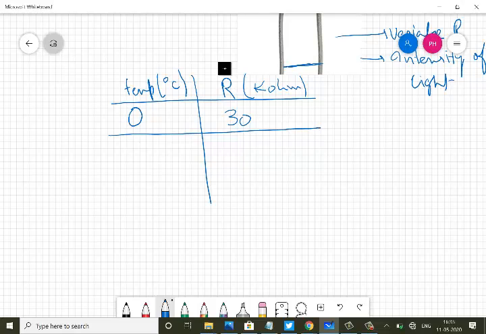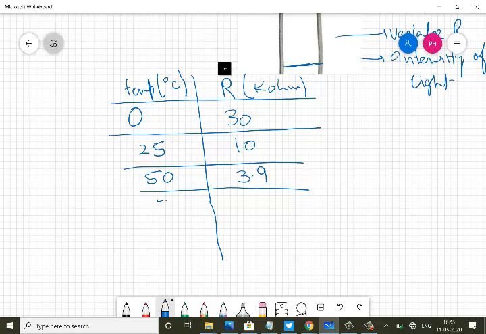When we increase the temperature to 25 degrees Celsius, the resistance drops to 10 kilo ohms. When we increase the temperature further to 50 degrees Celsius, the output resistance decreases to 3.9 kilo ohms. When we further increase the temperature to 75 and 100 degrees Celsius, the output resistance only remains 1.7 kilo ohms and 0.8 kilo ohms respectively.